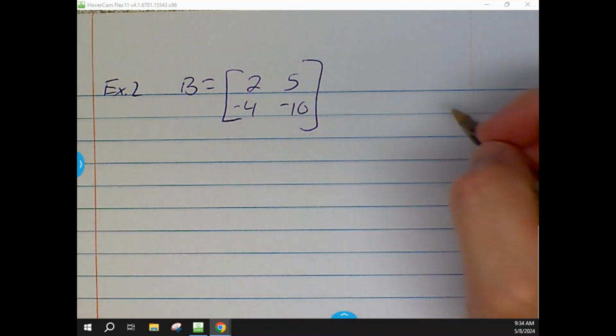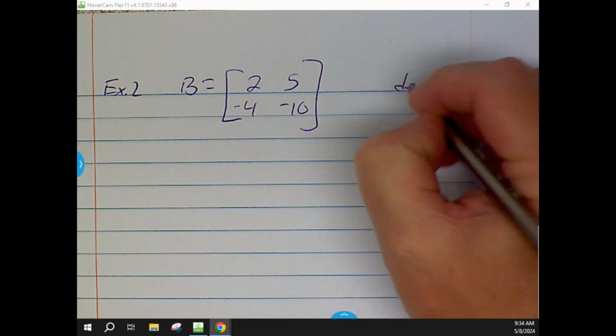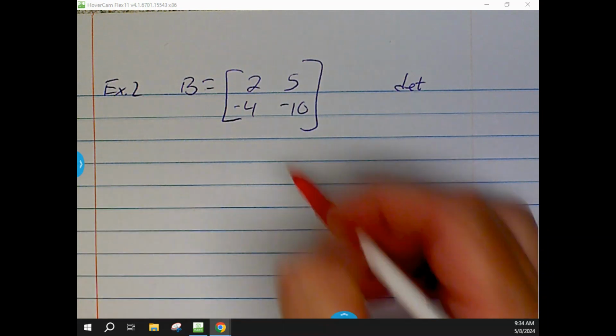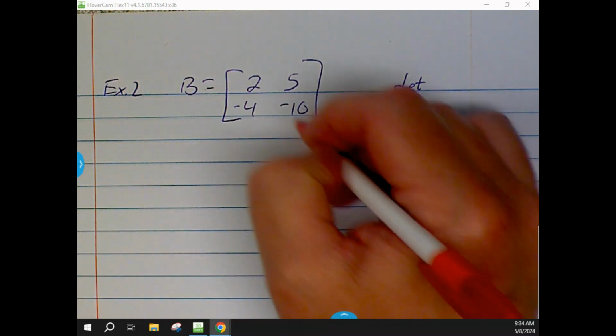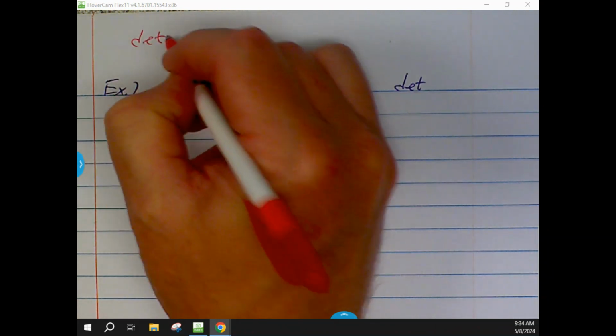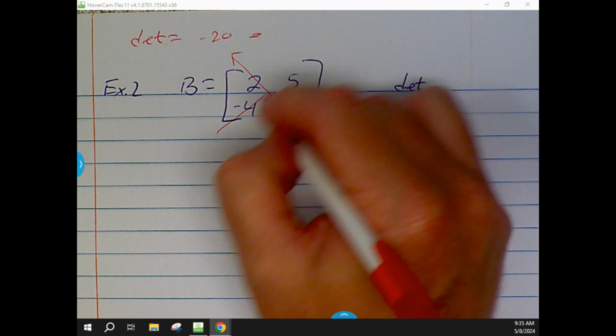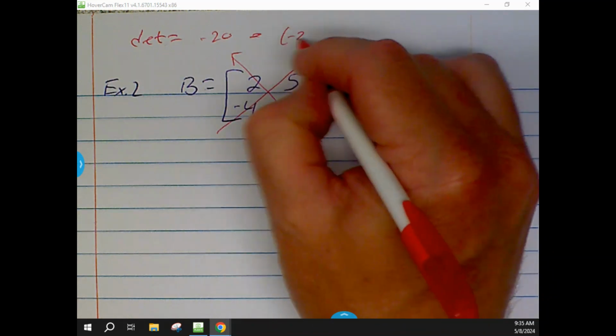Okay, so first thing is we've got to figure out what the determinant is. So for the determinant, we've got 2 times negative 10, which is negative 20. Minus, and then negative 4 times 5, also negative 20.